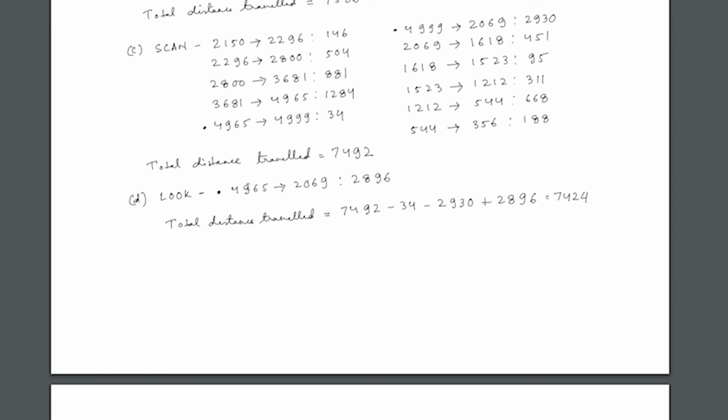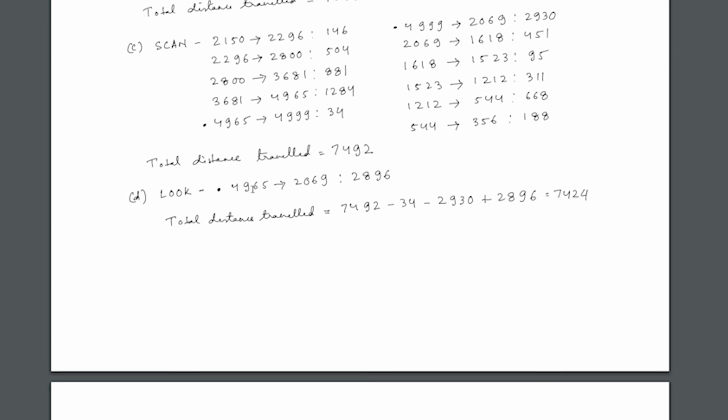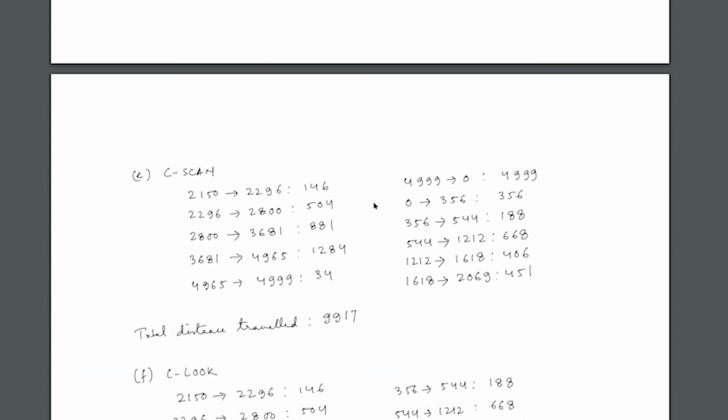They will directly go from 4965 to the left. They are not going to take care of all these requests while coming back from right to left. And in C-LOOK, they are not going to go to 0 like in C-SCAN, where at the very end it goes to 0.